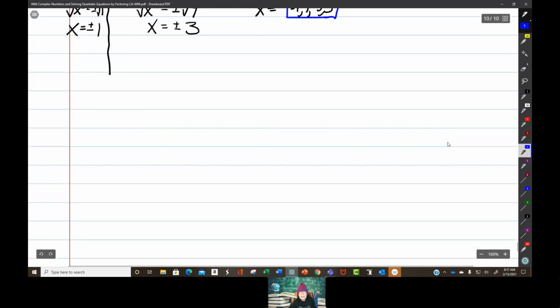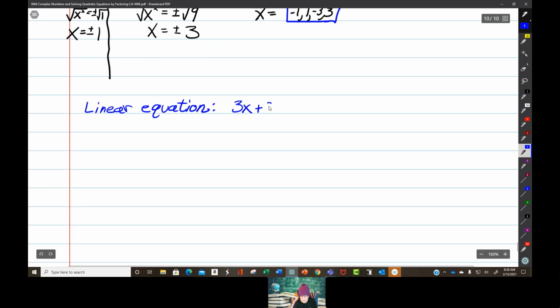Linear equations. Here's a linear equation. 3x plus 3 equals 6.